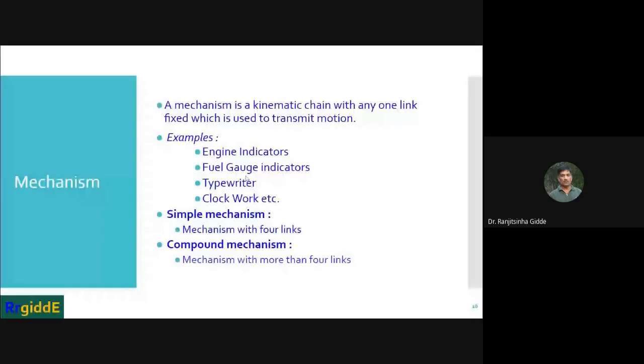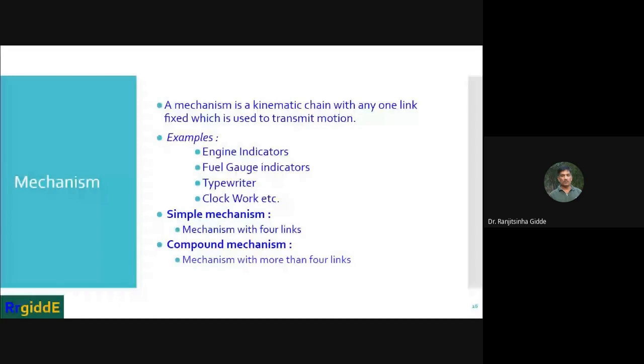Then typewriter. We put pressure on the keys, and on the page there will be footprints of the letters. So that is one example of the mechanism. Then clockwork, right?